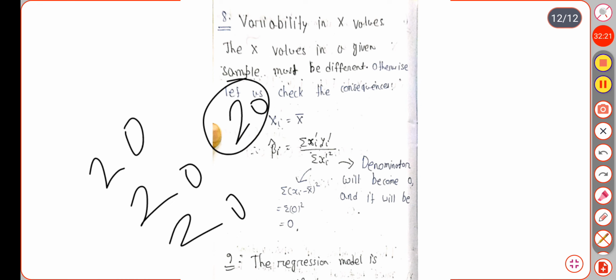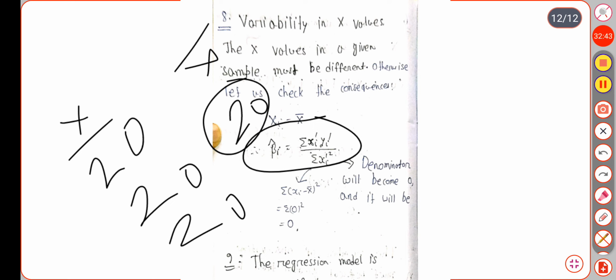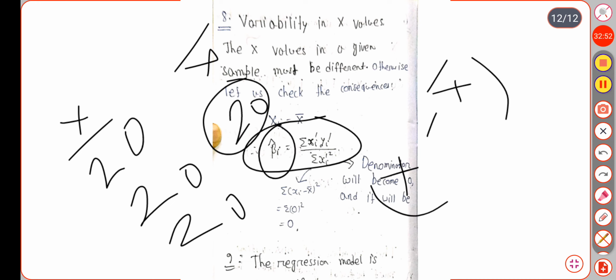I haven't discussed this part of the formula. I have derived the formula, but I haven't discussed the intuition behind it or the mathematical purpose, so I am not going to explain this. But just know this part: if x values are the same, then their mean will also be the same, and the difference of x values with their mean, which is required in the calculation of beta hat, the slope parameter, also becomes 0.